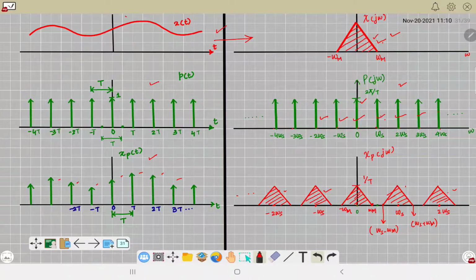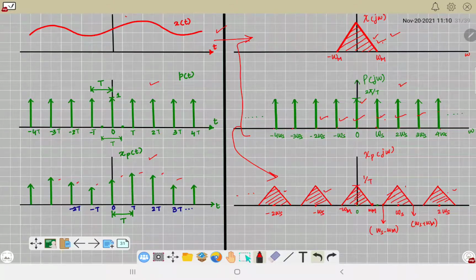If your sampling is happening such that you have chosen ω_s, that is the sampling frequency, in such a way that after the sampling process, the sampled version in the frequency domain has a waveform something like this, it is okay. You can reconstruct your waveform. In other words, I am putting a limit here.